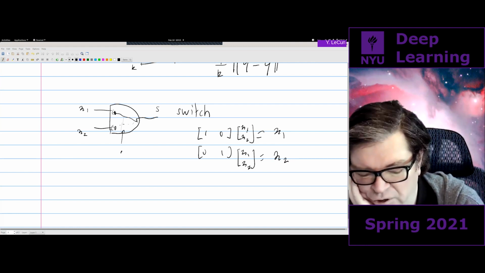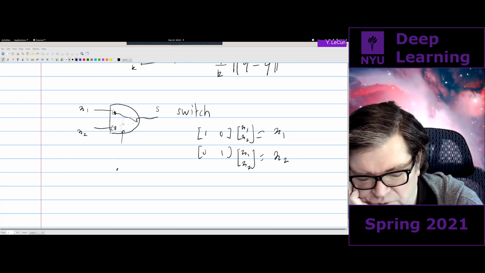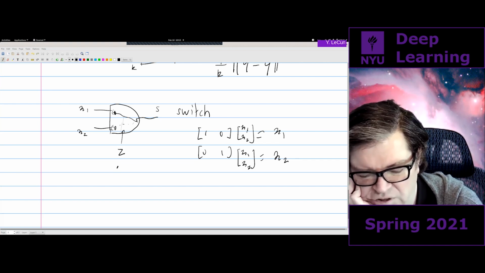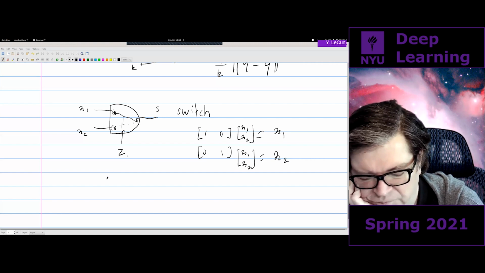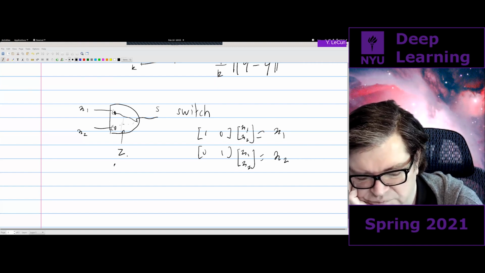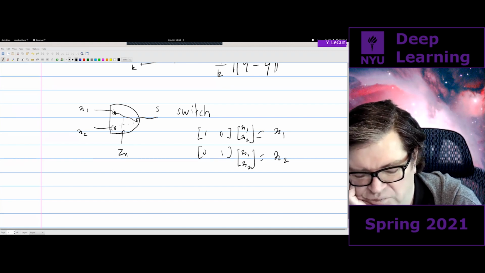So if I have some other variable here, which I call z, which is not a scalar, a vector with 2 variables, two components, z1, z2.